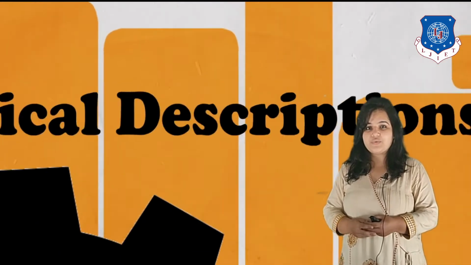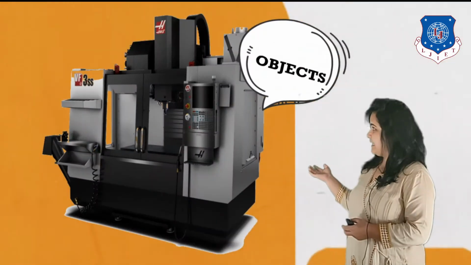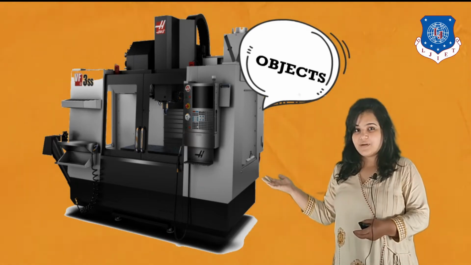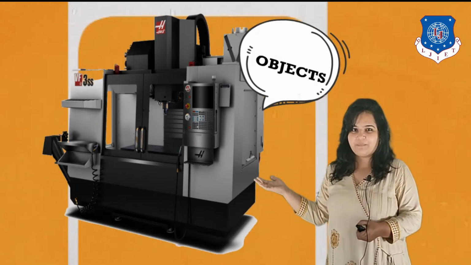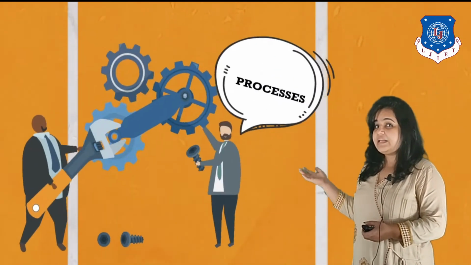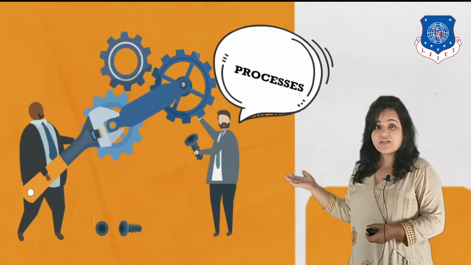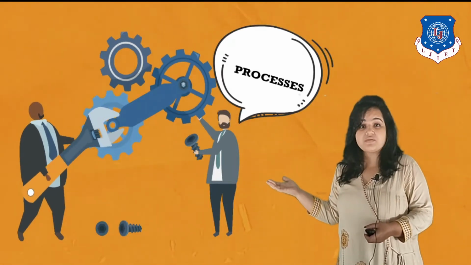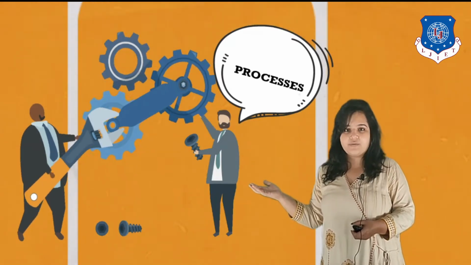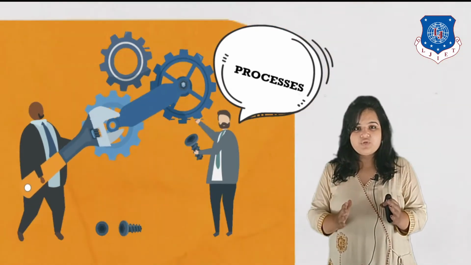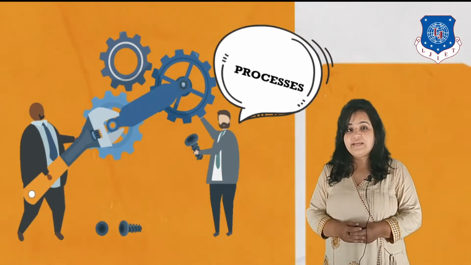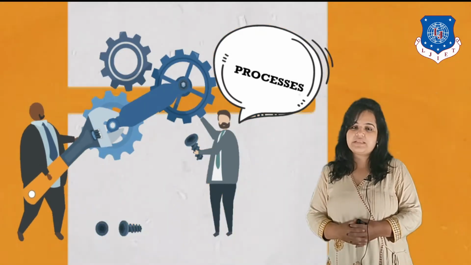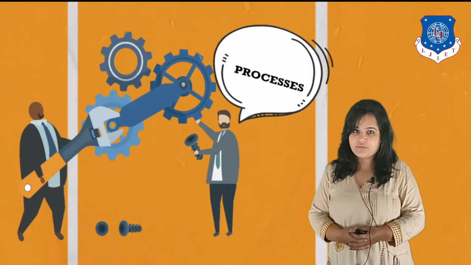As I told you, it can describe some technical object like a machinery, like a robot, like some computer programming language, etc. Or it can describe some complex processes at work, which can be a mechanical process, an automobile process, a computer related process, or any other process. The description, which provides a detailed record of any object or a process, is known as a technical description.